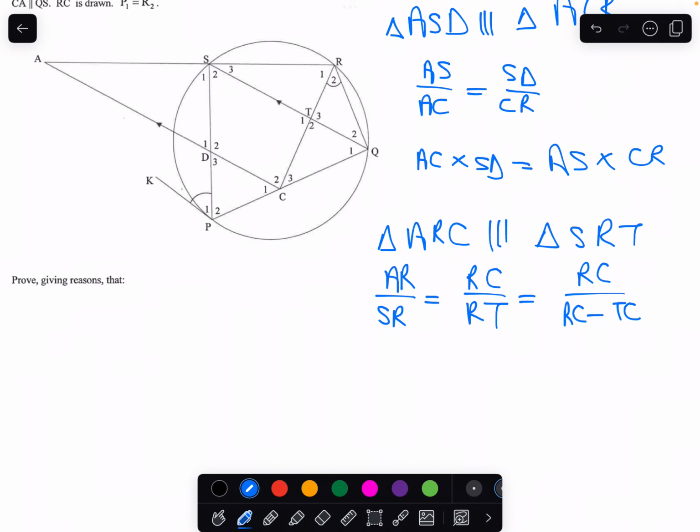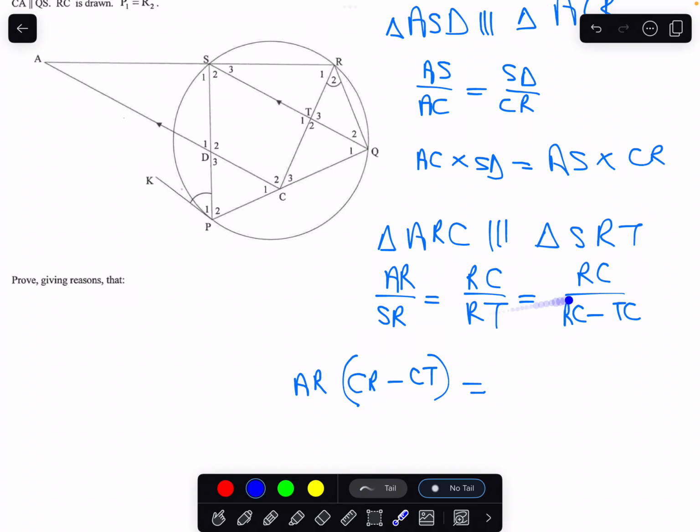So that gives us AR times RC minus TC is equal to, let me also just write these in alphabetical order so that I don't miss anything by virtue of letters being swapped around. So that is equal to the product RS times CR.